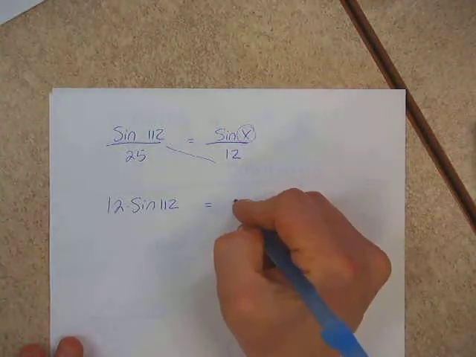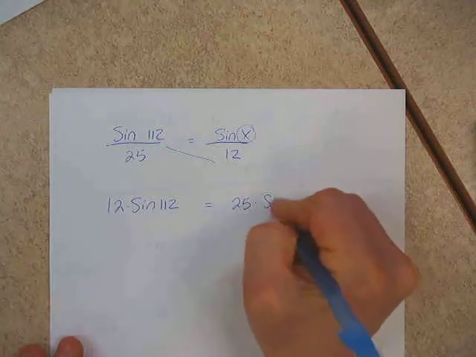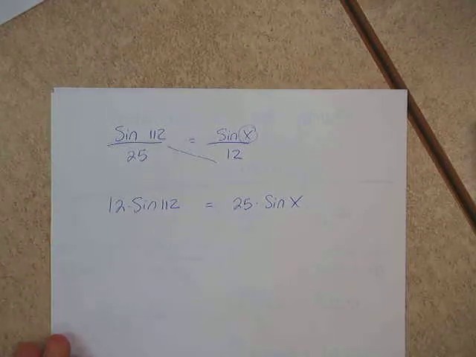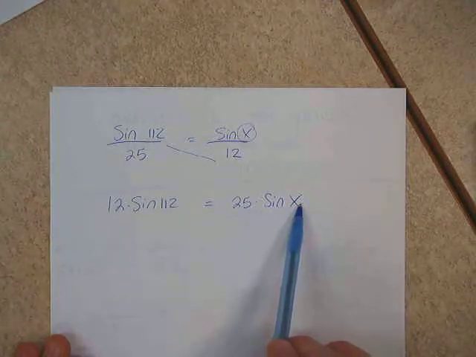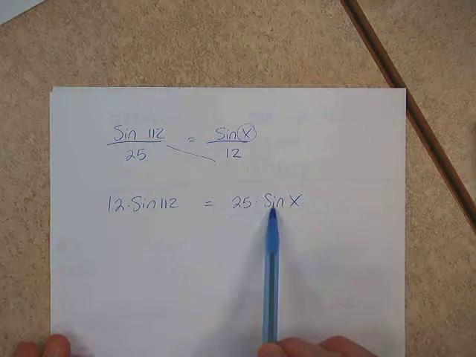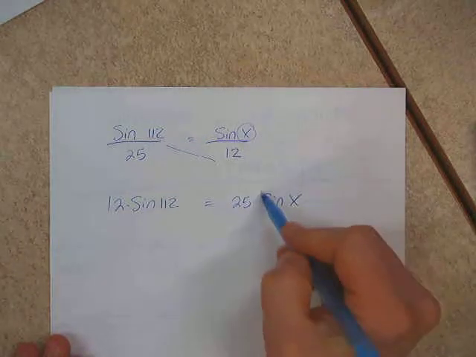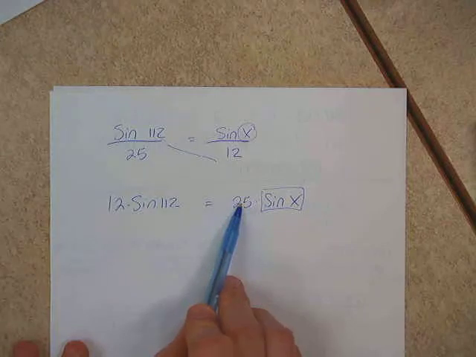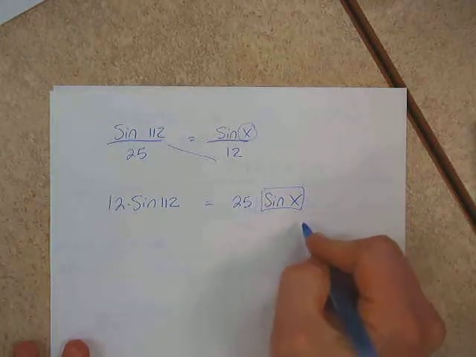But when we cross multiply, we have 12 times the sine of 112 equals 25 times the sine of x. To start to get x by itself, remember you can't divide out a word. It doesn't mean anything.